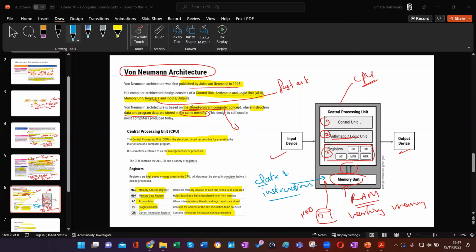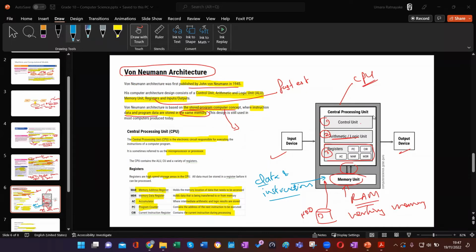So, in short, John von Neumann, a computer scientist, wrote an architecture called the von Neumann architecture. Before it, data and instructions had to be fed from outside separately. Because of von Neumann architecture, a memory came into the system. That memory is the RAM.